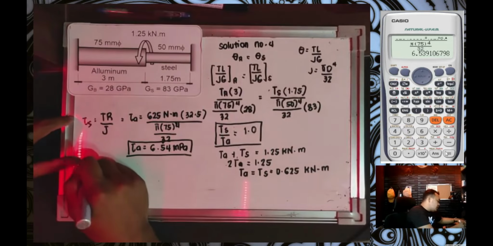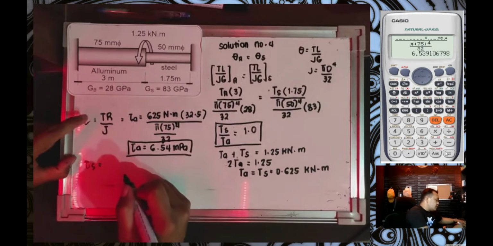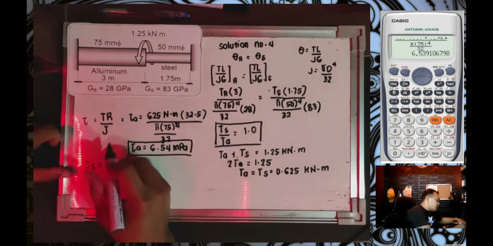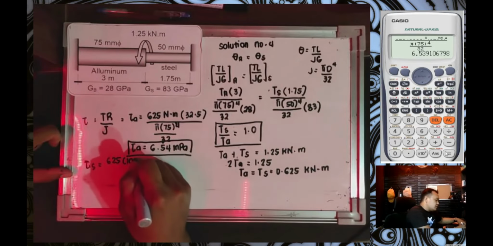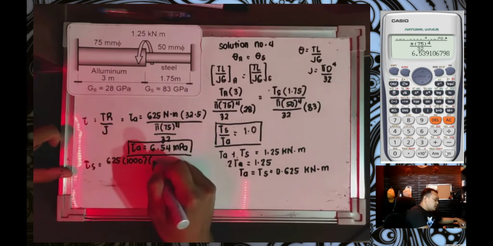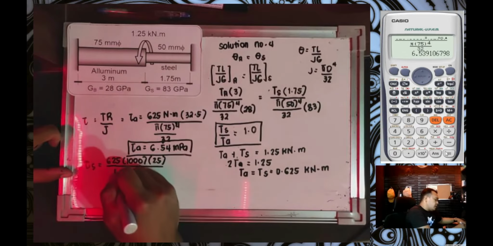So TS, torsional stress at steel is equivalent kay 625 times 1,000 times 25, which is the radius, divided by pi times 50 raised to 4 over 32.